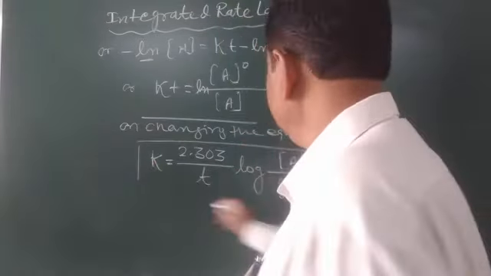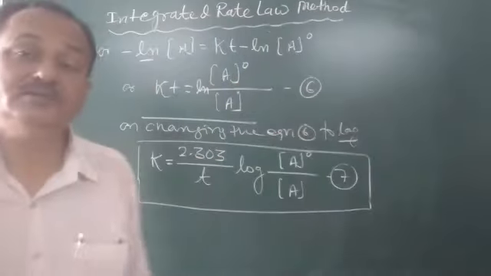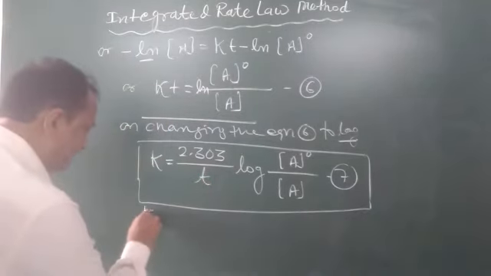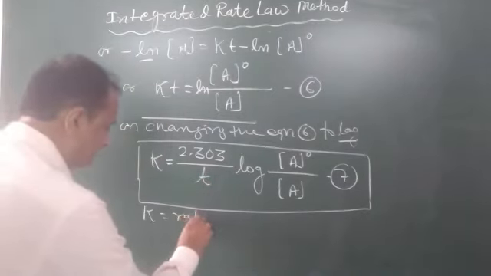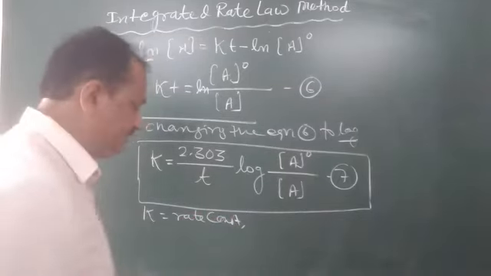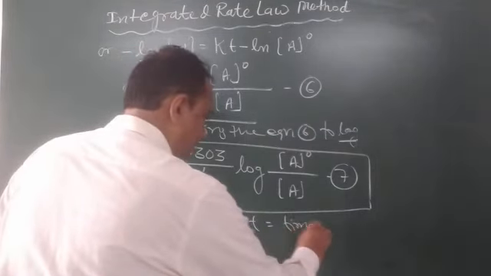So this is the final equation to use. K is the rate constant, a very important factor. t is the time.